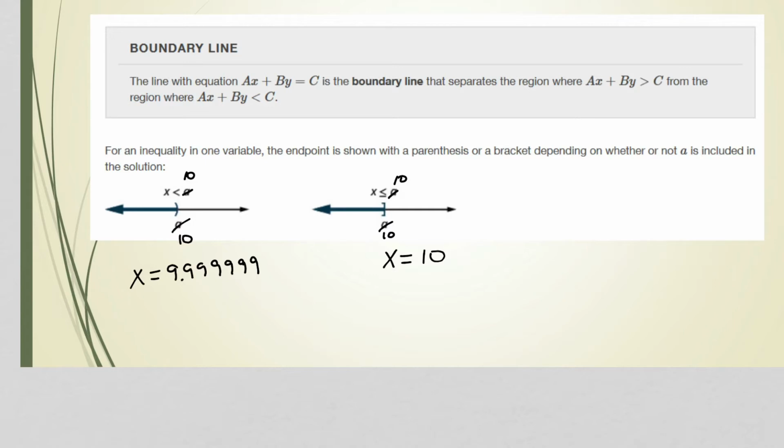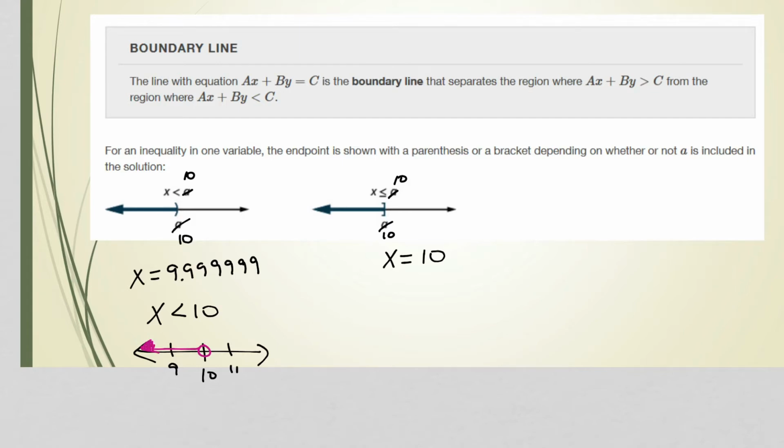I know that in some classes you saw that they didn't use parentheses and brackets. They used open circles or closed circles. For x is less than 10, they used a graph that was an open circle going to the left.